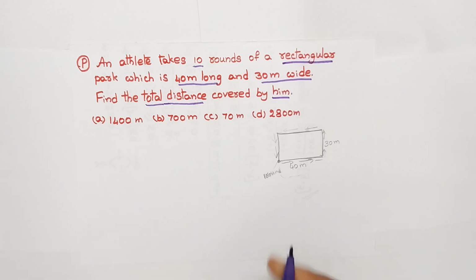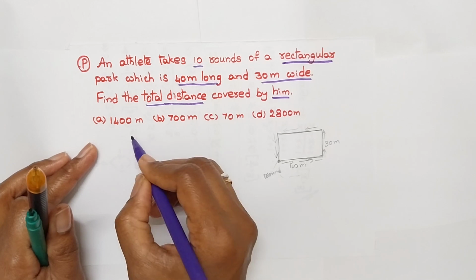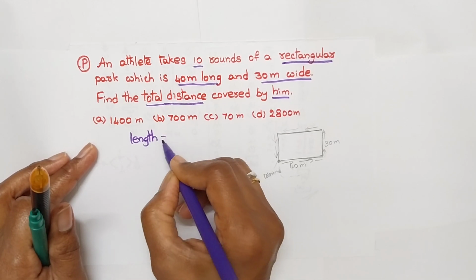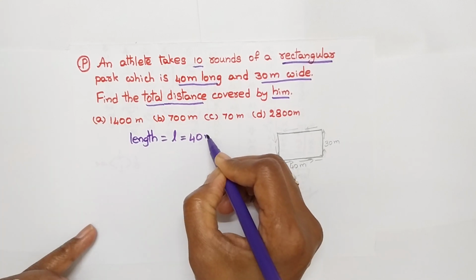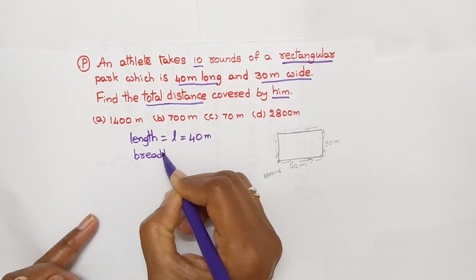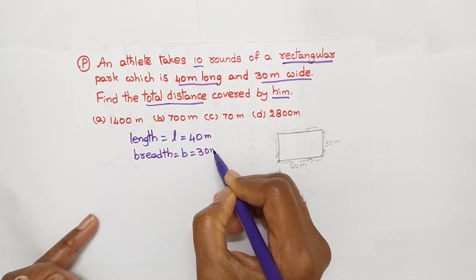So we do the calculation of perimeter first. First we take the length and breadth of the park. Length L equals 40 meters and breadth B equals 30 meters.